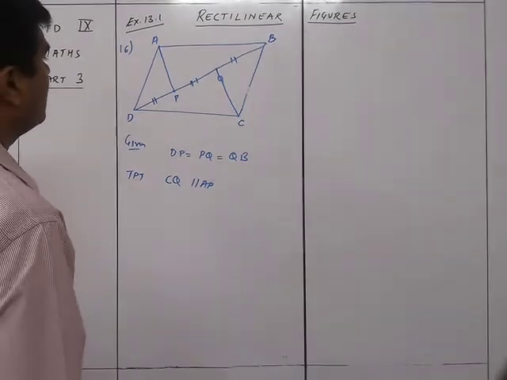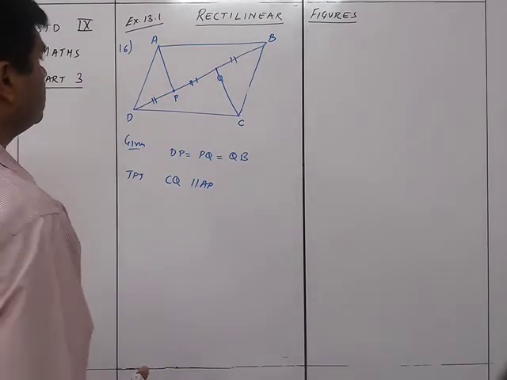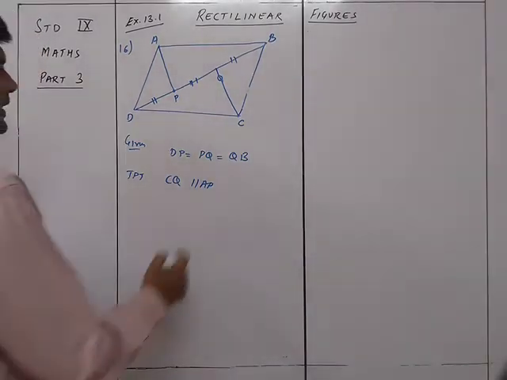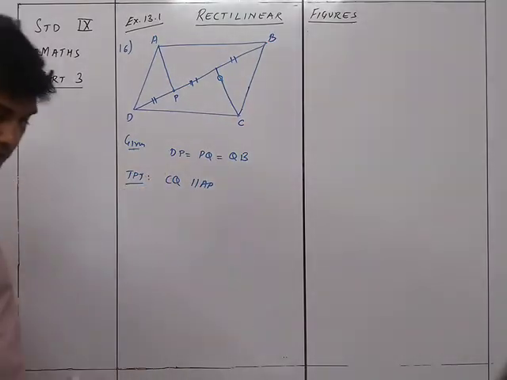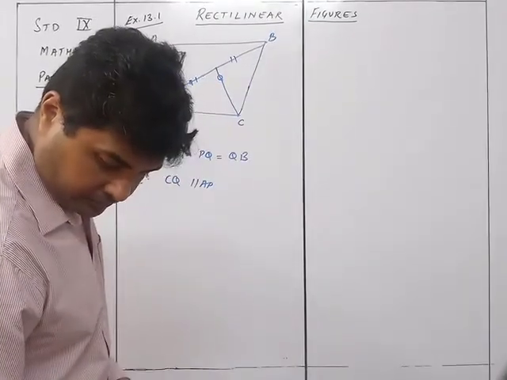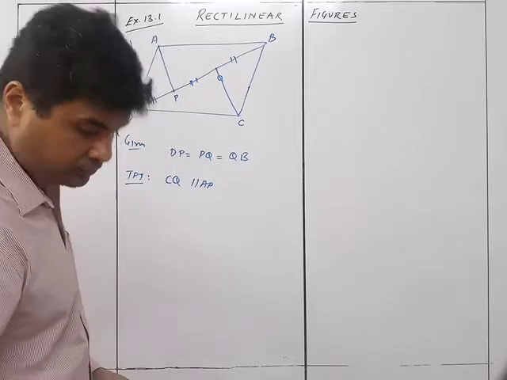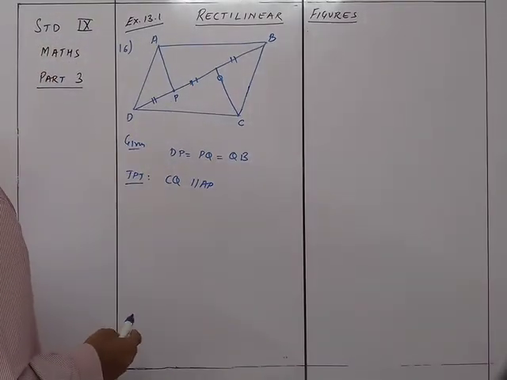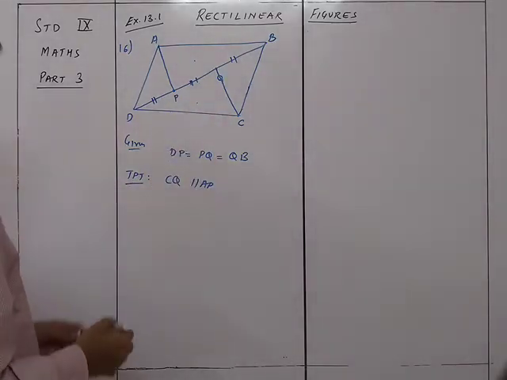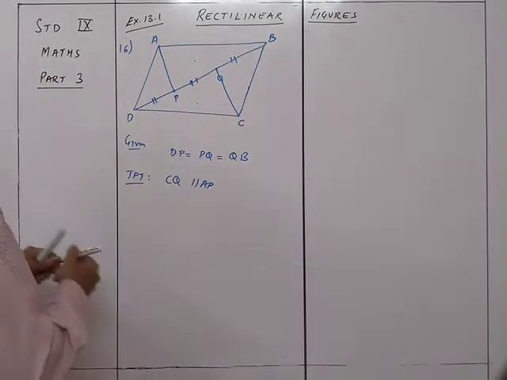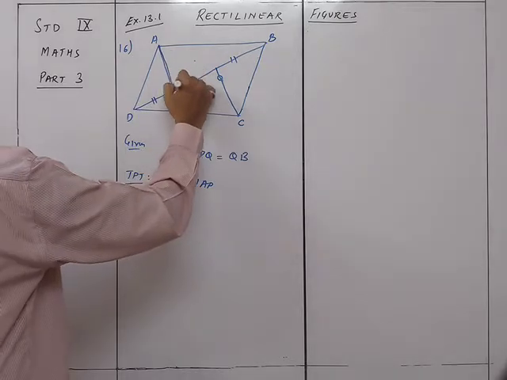Okay? So what do we have? Basically, we can take this triangle and this triangle and prove them to be congruent.